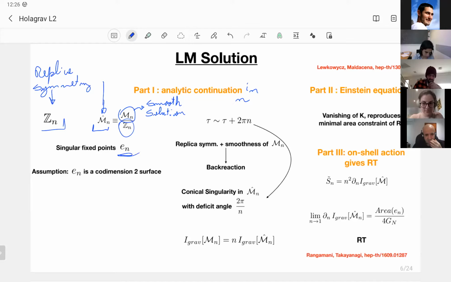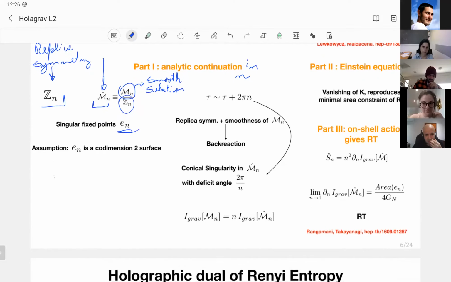This is the surface En. If you want in a picture in Mn, what you are going to have is a codimension 2 surface that here I call En, and which are the singular fixed points due to this quotient by the symmetry.